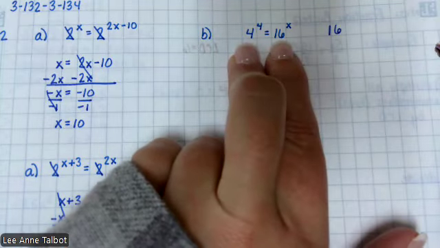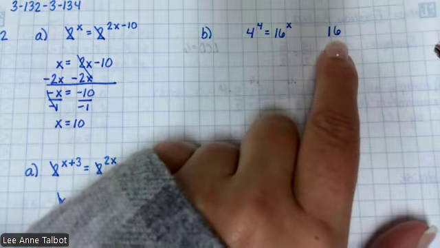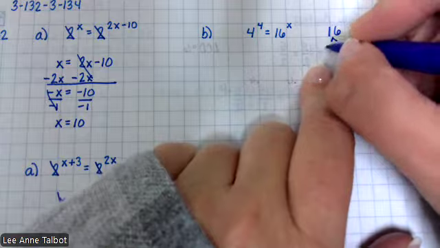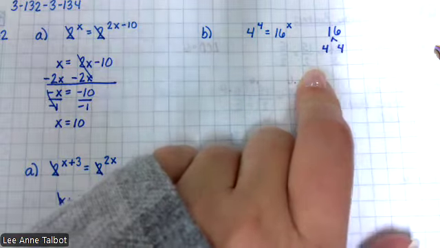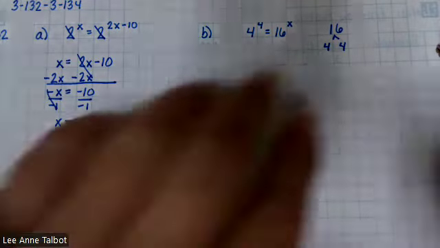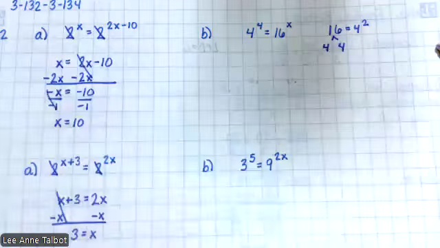I'm just looking at 4 and 16. And I take the larger of the two and write it over here. And I'm going to make a factor tree. 16 is 4 times 4. Is that okay with everybody? You're good with that? Okay, so I'm going to rewrite 16 as 4 squared.